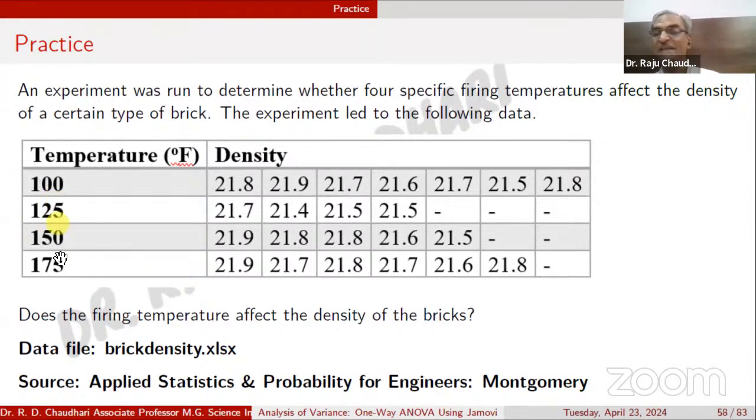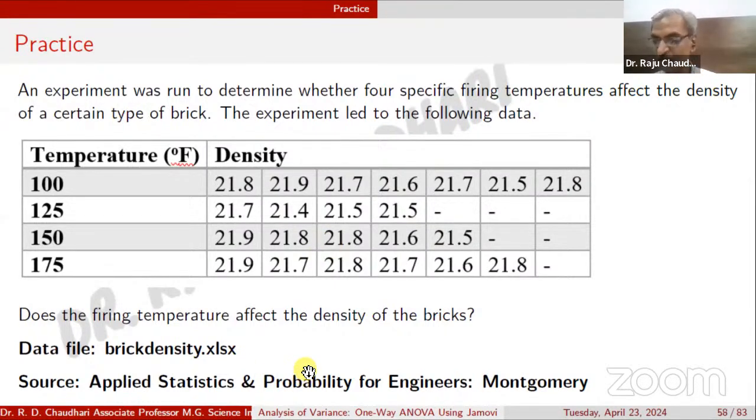So there are four labels. That can be taken as a categorical variable, or ordinal or nominal variable. It's categorical in short. And density is a continuous variable, right?